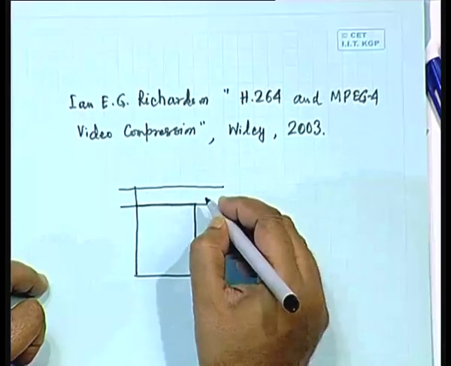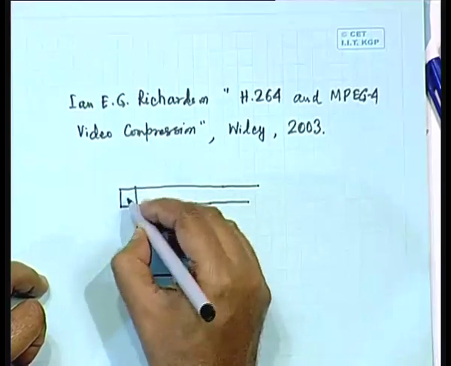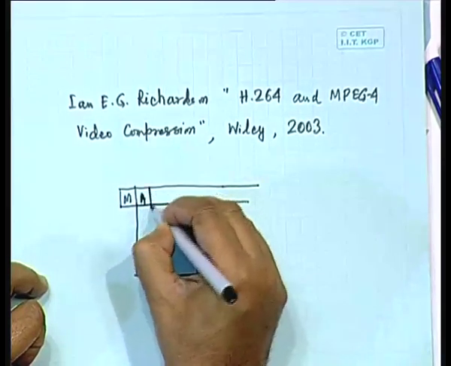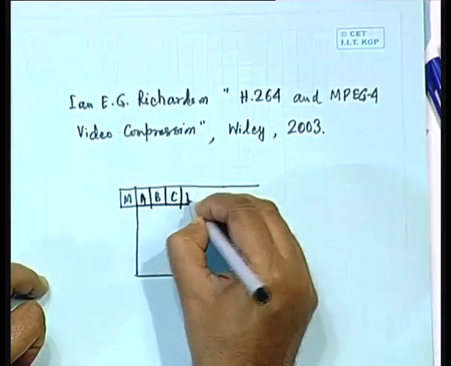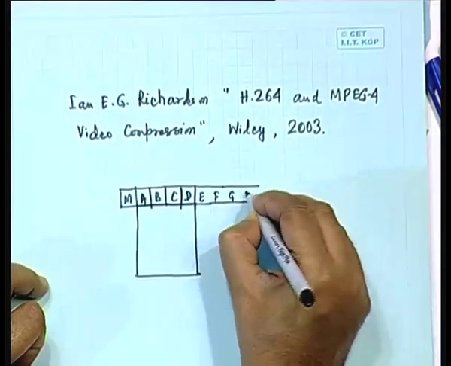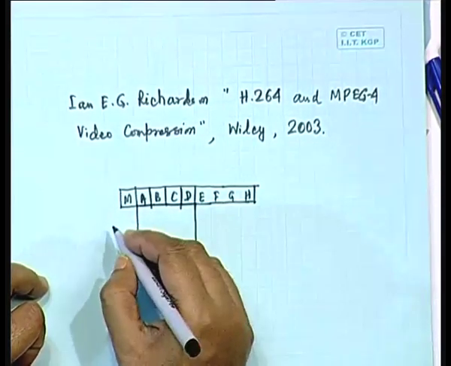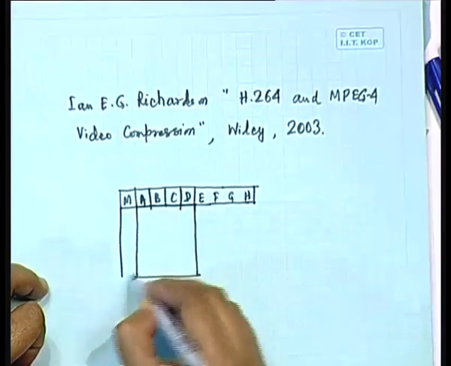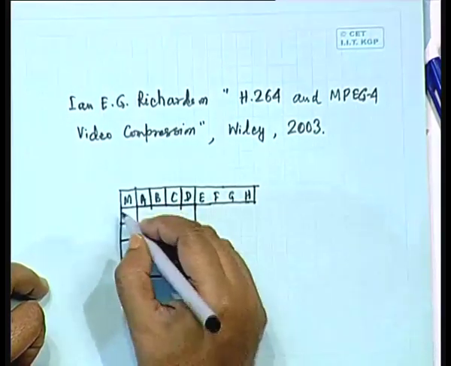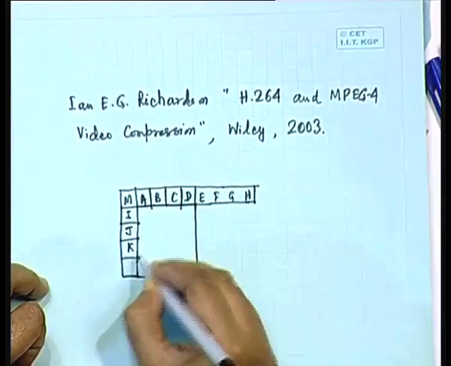In the previously received line, we are calling M the top left pixel, then A, B, C, D, then we also consider E, F, G and H. Why we also have to consider E, F, G, H, I will be telling you, so that the concepts are more clear to you. And these pixels we are labeling as I, J, K, L.